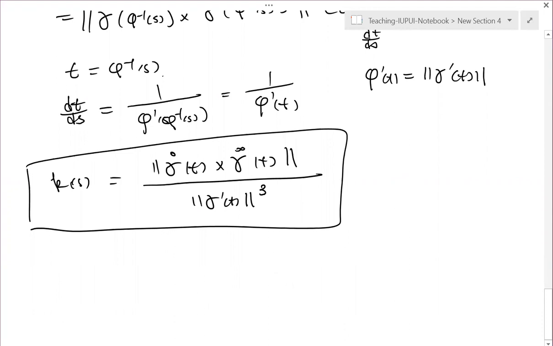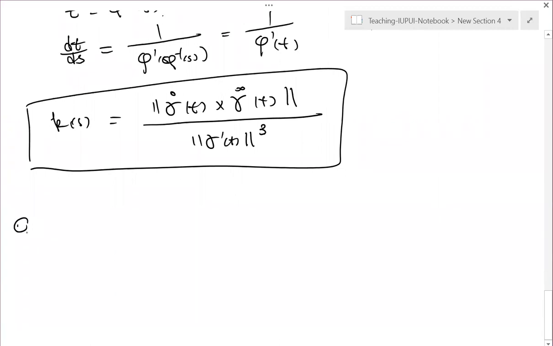So let's take a look at an example. Here's a good example. Gamma t is going to be a cosine t, a sine t, b t, using a and b here.